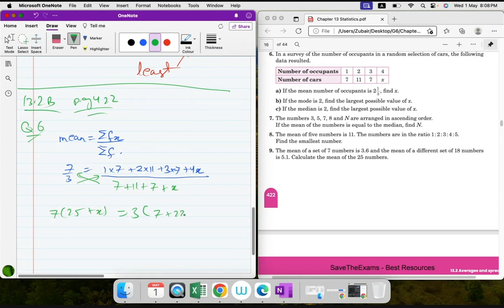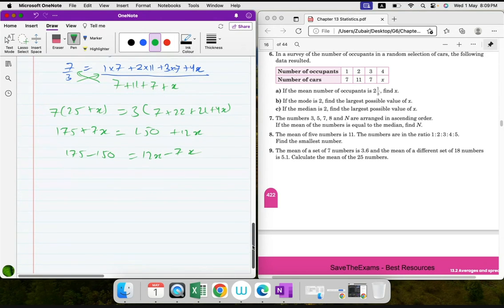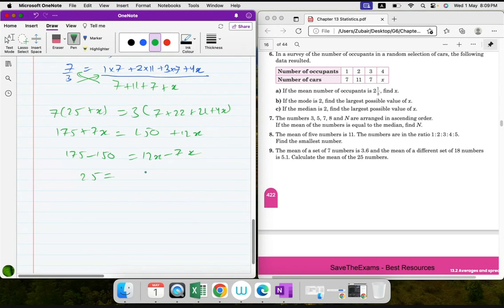That is 7 plus 22 plus 21 plus 4x. 25 into 7 is 175 plus 7x is equal to 7 plus 22 plus 21, which is 50. 50 into 3 is 150, and 4 3 times is 12x. 175 minus 150 is equal to 12x minus 7x. 25 is equal to 5x. x is equal to 5.